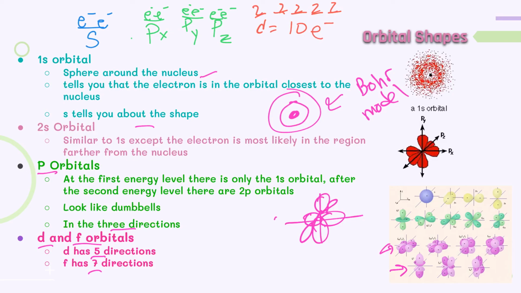And the f orbitals can hold at most 14 electrons because F has 7 directions, so each direction can hold 2 electrons. So 2, 2, 2, 2, 2, 2, 2. So F can hold 14 electrons.